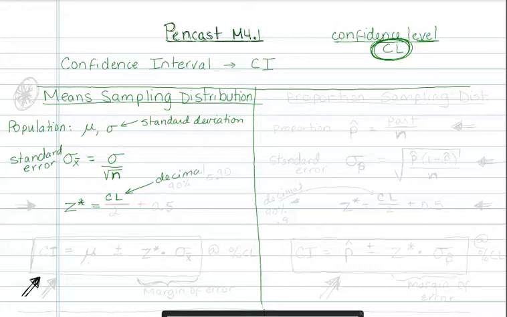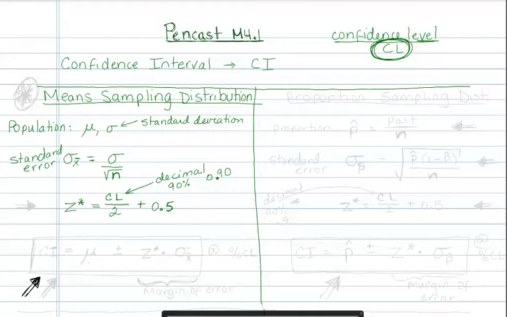So if your confidence level is 90%, you're going to write 0.90. It's going to be your confidence level divided by 2 plus 0.5. And that's how you're going to calculate your z.